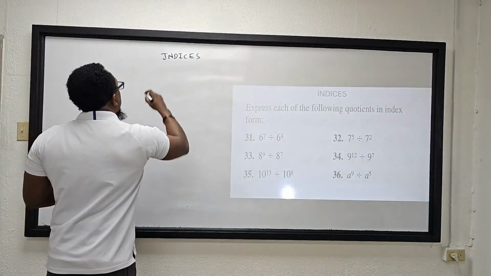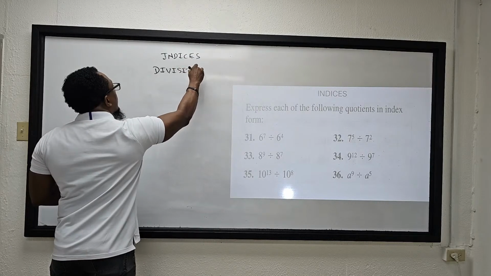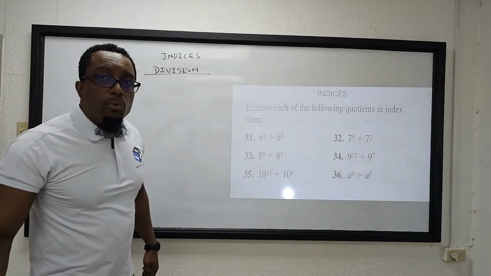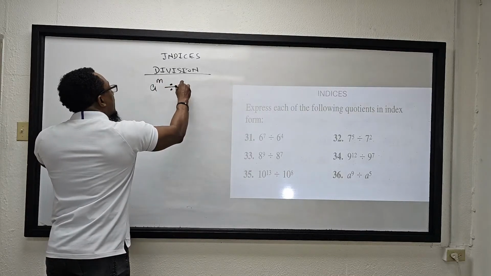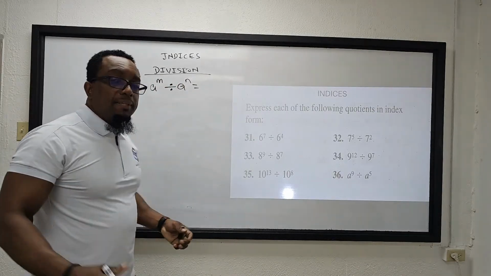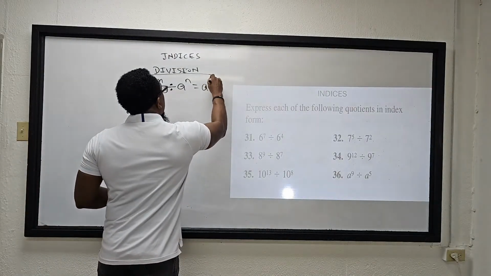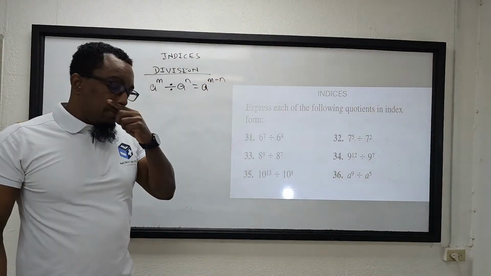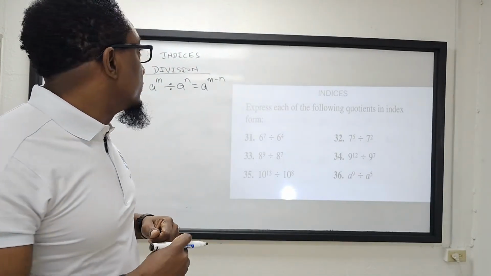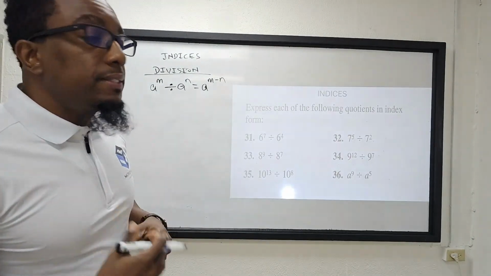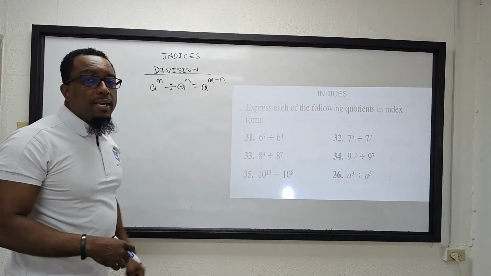So division, we know what is the rule. If we have a to the power of m divided by a to the power of n, once we have the same base, we maintain the base a, but we subtract the powers. The power of the first term subtract the power of the second term. Or the power of the first quantity. These are quantities. Power of the first quantity subtract the power of the second quantity.